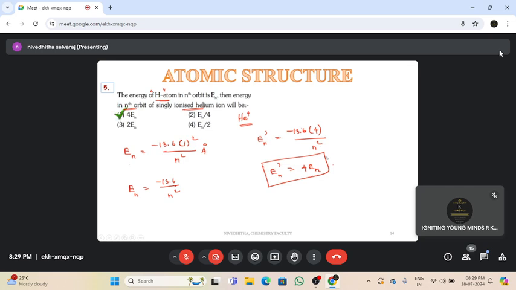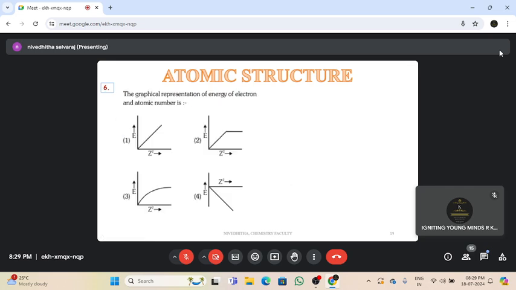That's it. Next question. The graphical representation of energy of electron and atomic number is dash. Very good, Avantika.